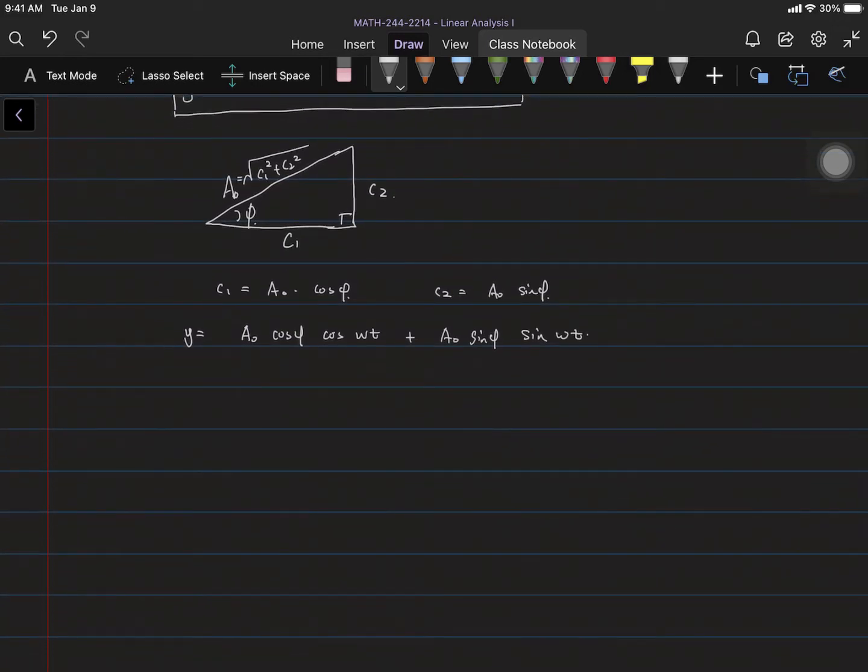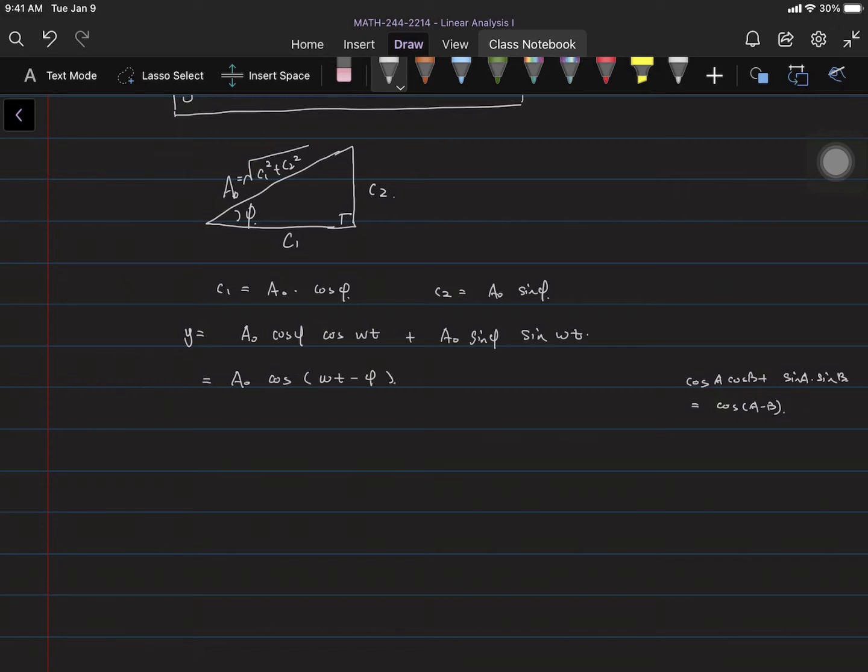And now we can combine them by using the trigonometric identities. We are going to use cosine A cosine B plus sine A sine B, which equals cosine of A minus B. So in this case, A naught cosine of omega t minus phi.